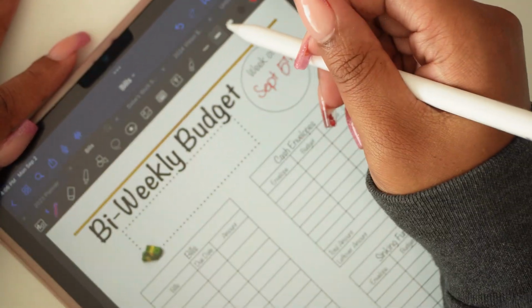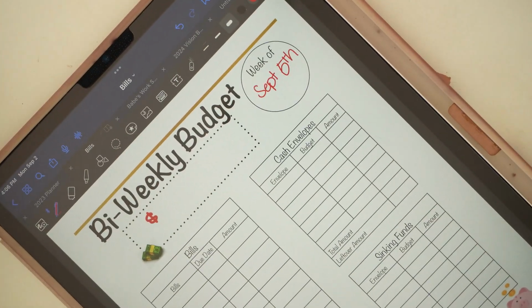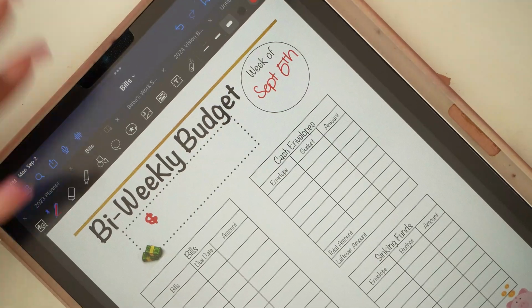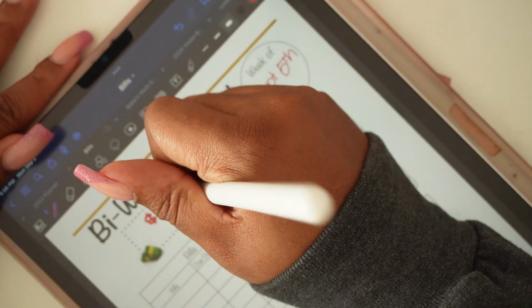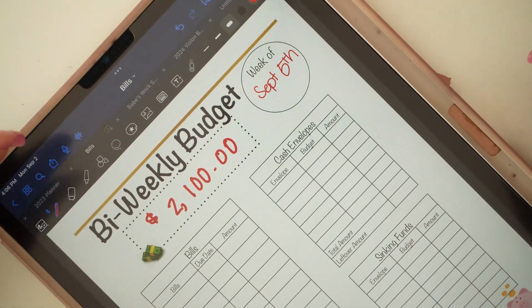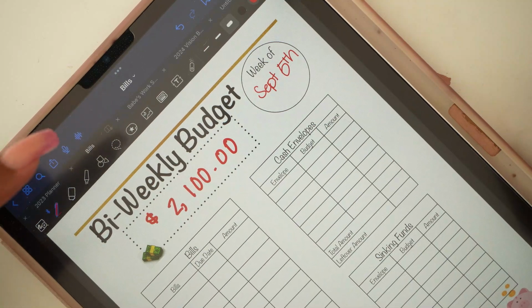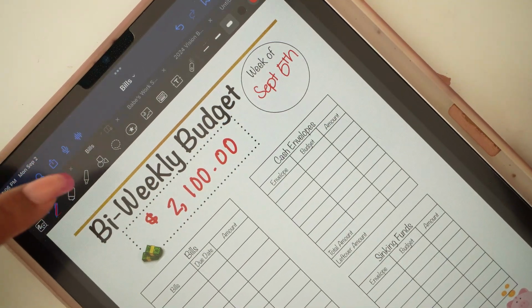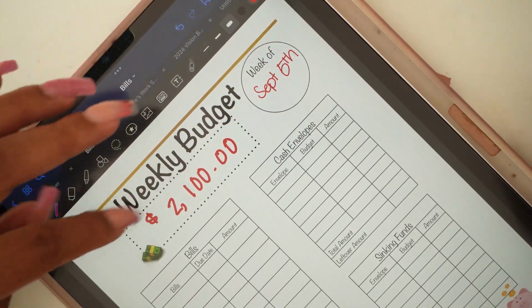And then my budget is normally, if I know I'm gonna get paid my full 80 hours or more, I try to budget $2,100 out of that paycheck for my bills. Now, if I knew I was gonna get paid less than my 80 hours, then I would wait until I see how much I'm actually gonna get paid, and then I'll take that amount and put it up there.